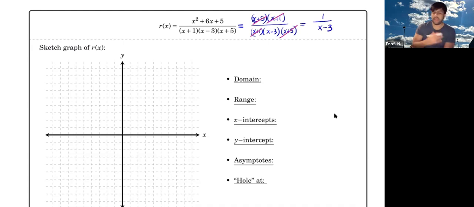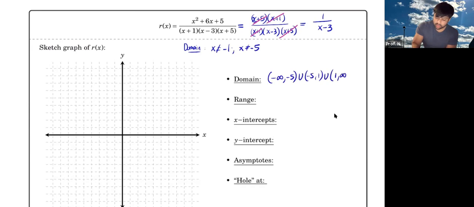But what's the issue? This came to be because we canceled out x plus 5 and x plus 1 in both the numerator and denominator. So therefore, the domain cannot include x equals -1, nor x equals -5. So the domain includes all real numbers except x cannot equal -1 and x cannot equal -5. So we know at those points there's a problem. So domain would be -infinity to -5, union -5 to -1, union -1 to infinity.